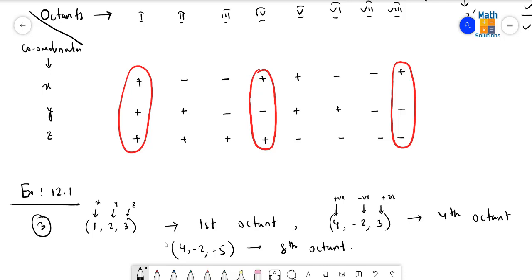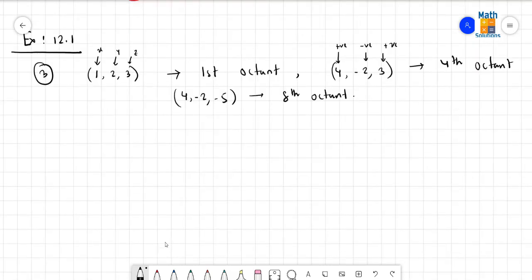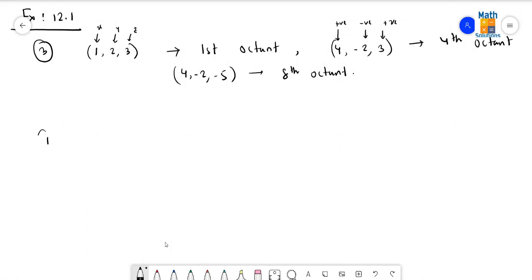Now in question number 1 of this exercise, what is said? A point is lying on the x-axis. What are its y coordinate and z coordinate? So if we observe it in Cartesian coordinate plane, what can be noticed?